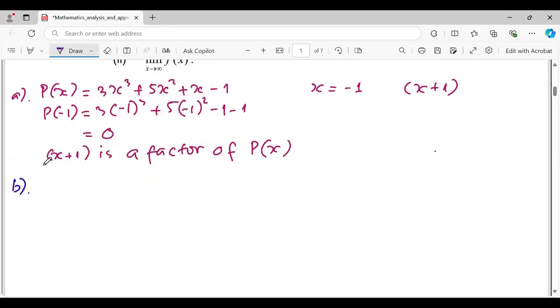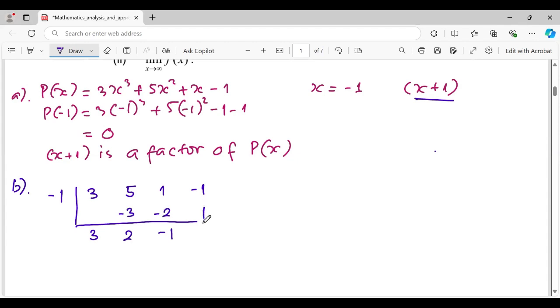B. One factor of p(x) is x plus 1. So using the Horner method: 3, 5, 1, minus 1, divided by minus 1, x equals minus 1: 3, minus 3, 2, minus 2, minus 1, 1, 0.